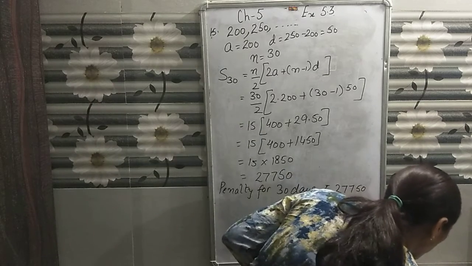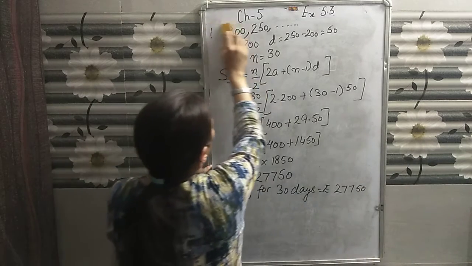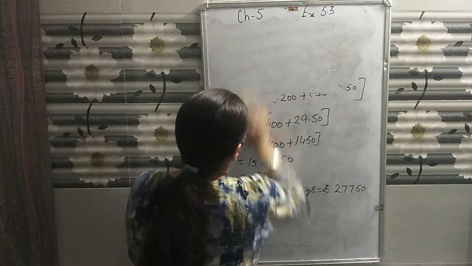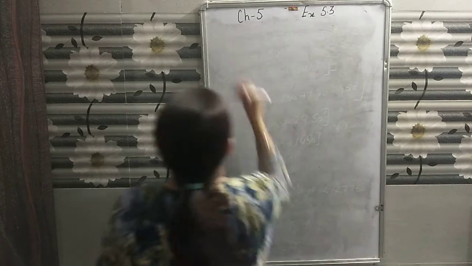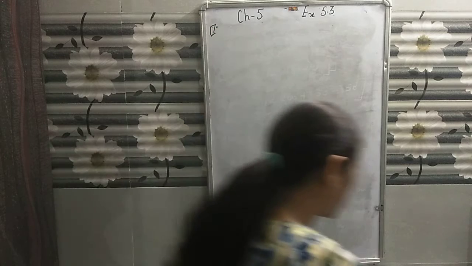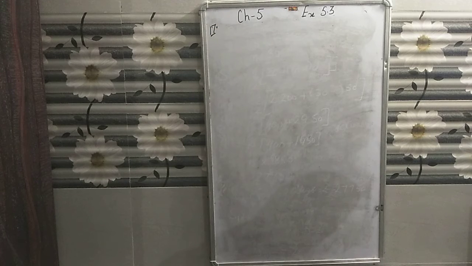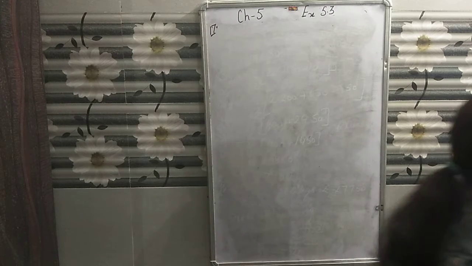Now let's move further to the next question, number 17. In question number 17, they have given you that in a school, students thought of planting trees in and around the school to reduce the air pollution. It was decided that the number of trees that each section of each class will plant will be the same as the class.